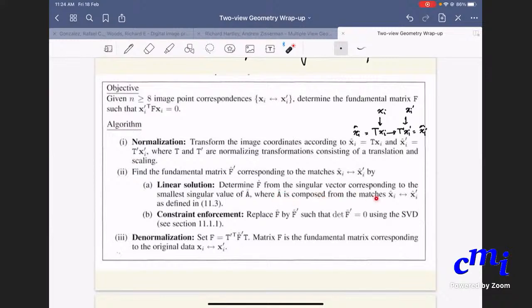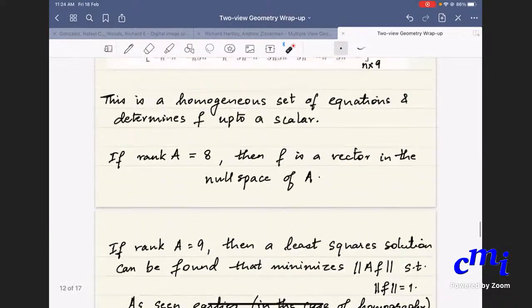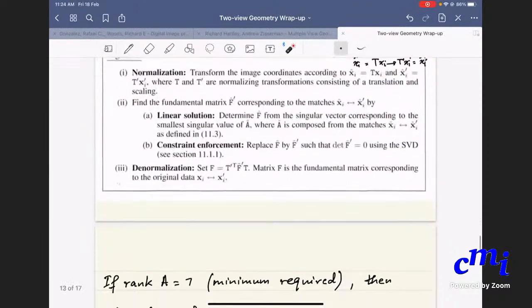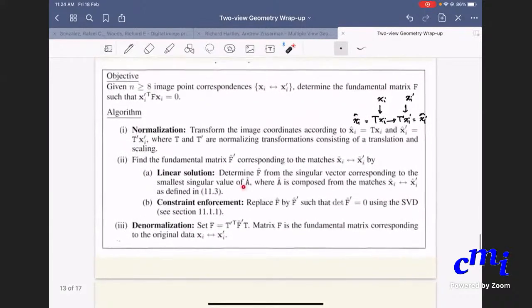A hat is composed from these matches, not the original A. We do want to solve this one, but this was for the original points. You have to compute A hat for the normalized points and solve with respect to that A hat. Once we solve A hat, there is something else. This step I'm not going to talk about much.